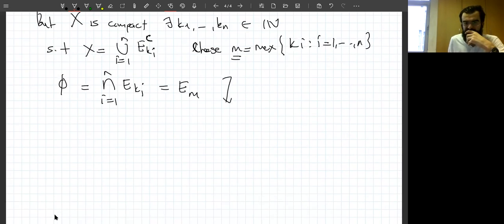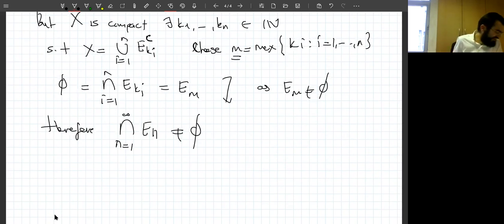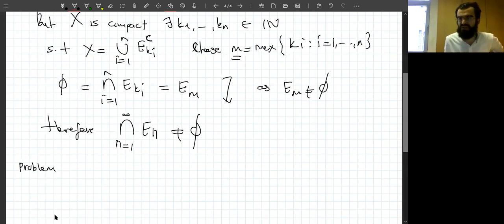So this is a contradiction as E_m is non-empty. Therefore, this intersection is not empty. Do you have any question?